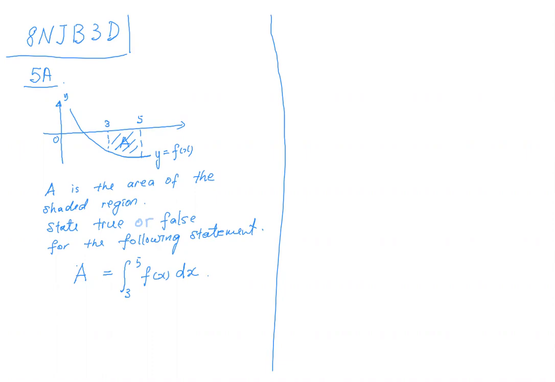Okay, so I have someone who says true. You tell me why is it true? Because of the shaded region, you need to start at 3 and end at 5.